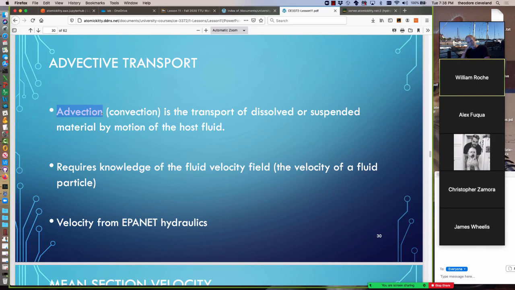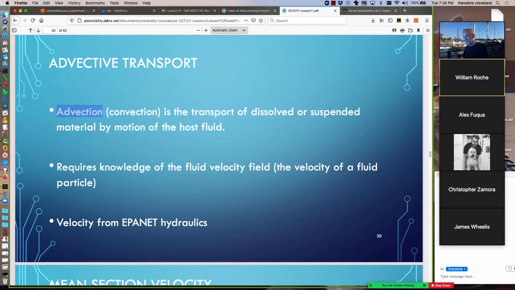So if you're floating in a rubber raft in the San Marcos River, you're lucky because you're not here listening to me, the particle would be advected by the river, the San Marcos, and that's advective transport. So you're being moved because the river moves. And then if you're kicking and screaming, you might add additional motion, but that's not advection. The kicking and screaming would be kind of a Brownian motion, a type of diffusion.